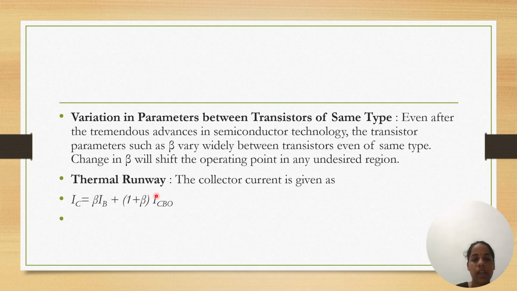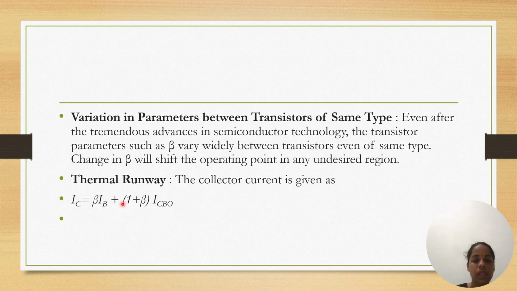Next, thermal runaway. The collector current is given as IC equals beta IB plus 1 plus beta into ICBO, where IB is the base current, beta is the current gain, IC is the collector current, and ICBO is the collector to base leakage current.